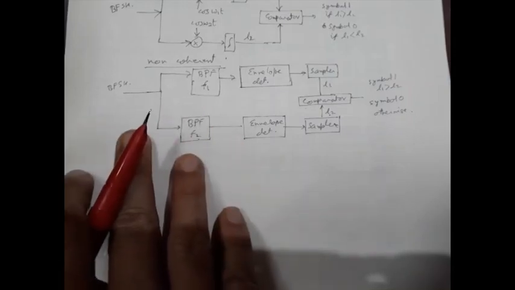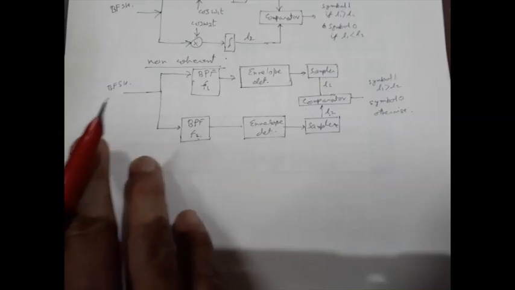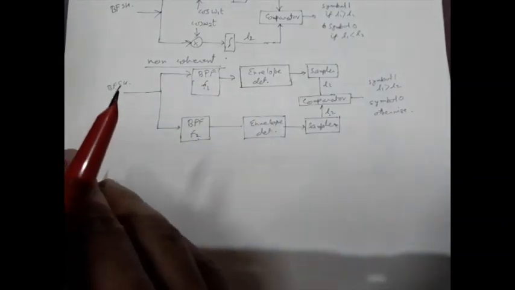So it is much more immune to noise compared to ASK. But if you compare it with PSK, obviously the performance of PSK is far better compared to FSK. The bandwidth requirement of FSK is comparatively high as far as BFSK, BPSK or BASK is concerned. So that's one of the disadvantages of FSK signal.